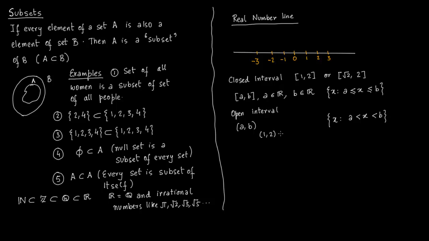For example, 1, 2, x lies between 1 and 2, but x cannot be 1 and x cannot be 2. Similarly, x could lie between 3 by 4 and root 5, but x cannot be 3 by 4 or root 5. In the closed interval, it can take the endpoint values, but here it cannot.